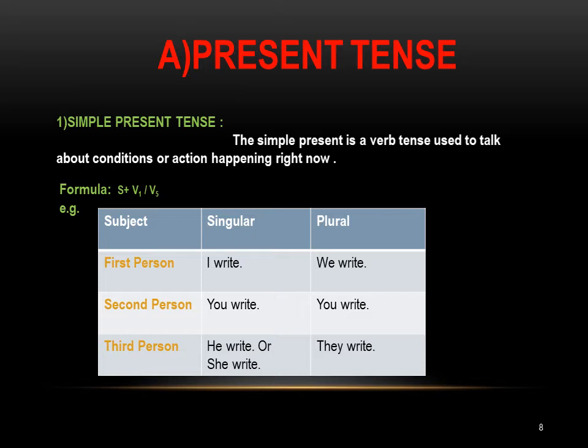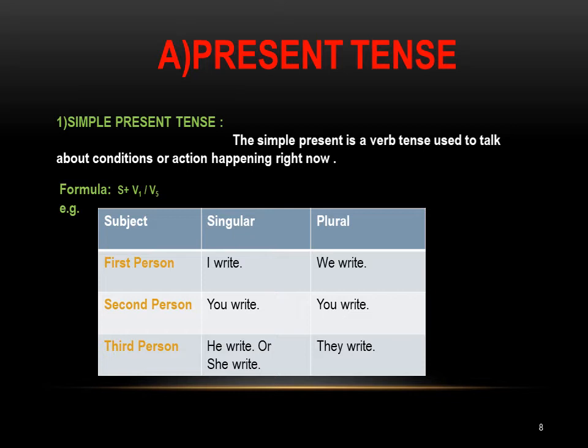Next, in plural column, you write. You is subject and write means present form of verb. Next, third person, singular column, he writes or she writes.